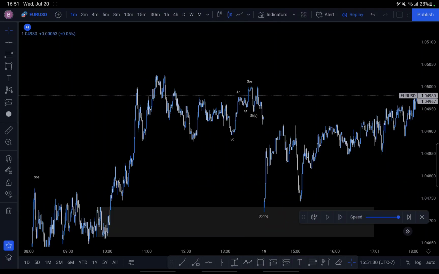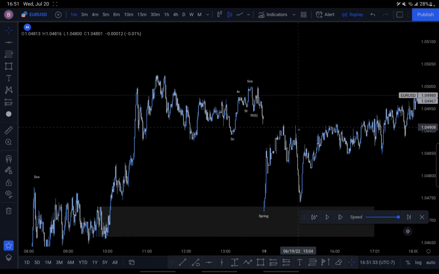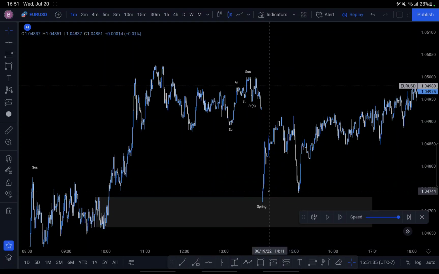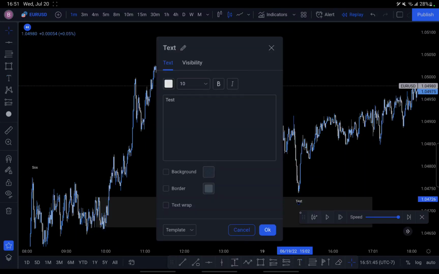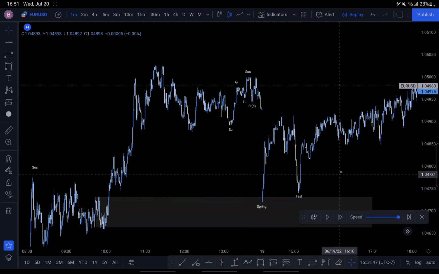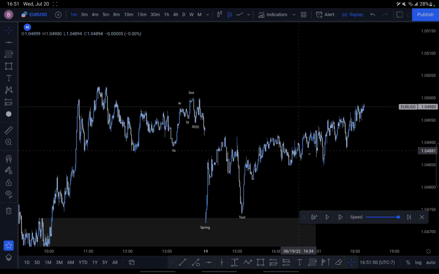All right, price breaks up, comes back down, tests a demand zone somewhere in here, I'm sure. This just sold off hard before price breaking up. So let me just go ahead and label this test here before breaking up.